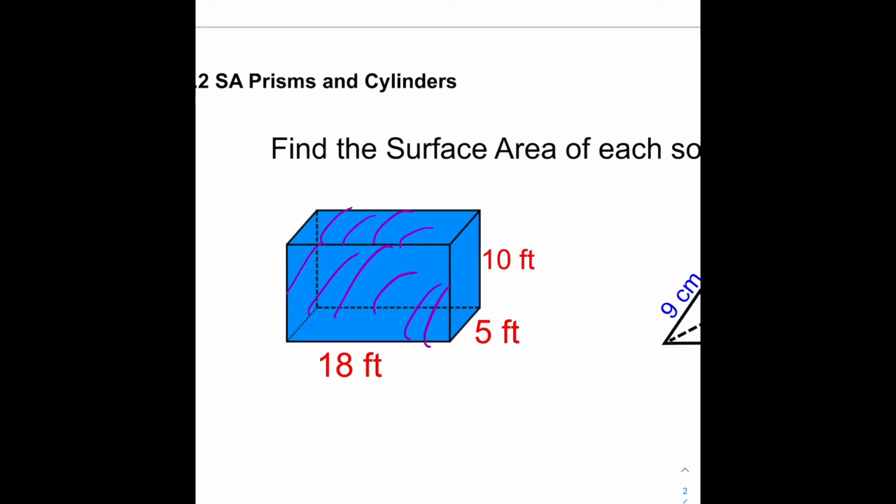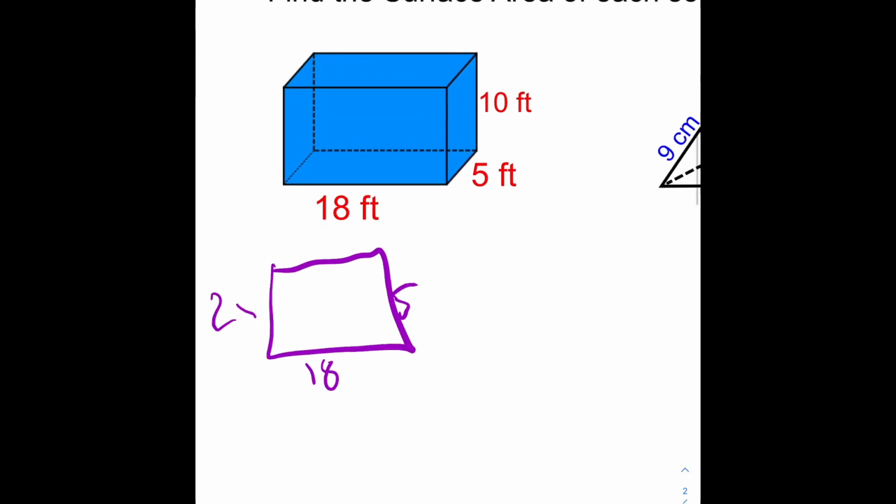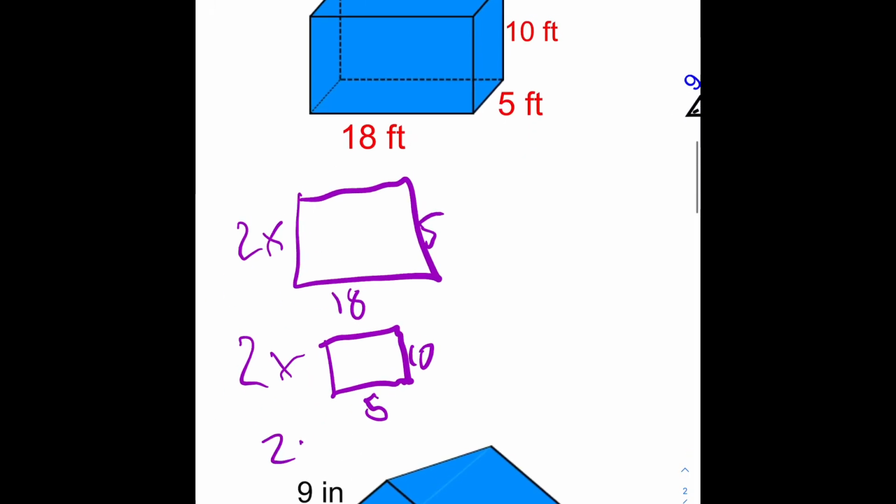So I have 2 sets of sides that are the same, and 2 sets of sides that are the same, and 2 sets of sides that are the same. So I'm going to figure out what's the area of this. It's 18 and 5, and then I'm going to multiply it by 2. What's the area of this one? It's 5 times 10, and I'm going to multiply it by 2. And then to find my last one, I have 18 and 10.